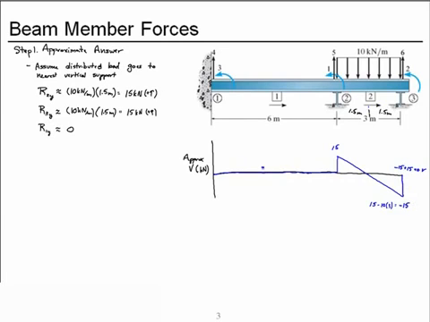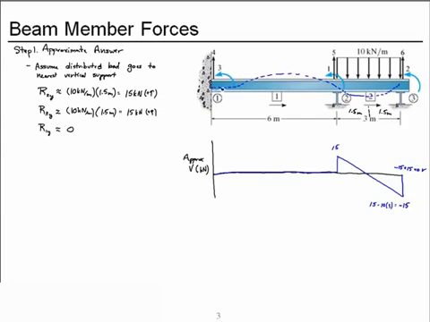Now, about this portion being 0 and this reaction being 0, if we sketch the anticipated elastic curve, that is, the deflected shape, expect it to look something like this.